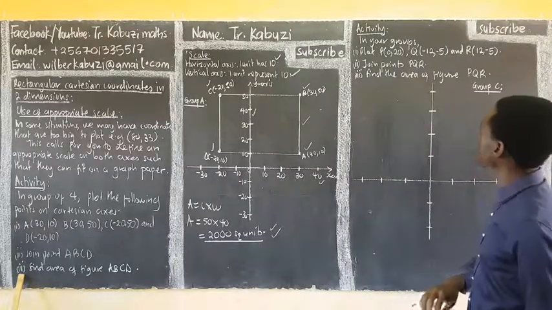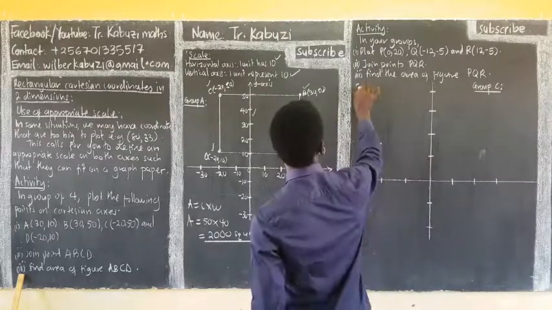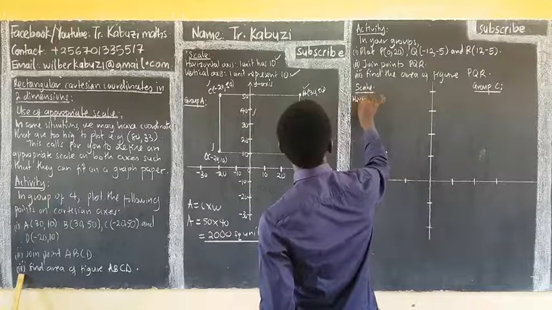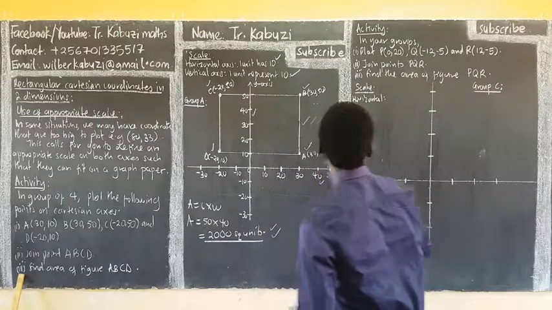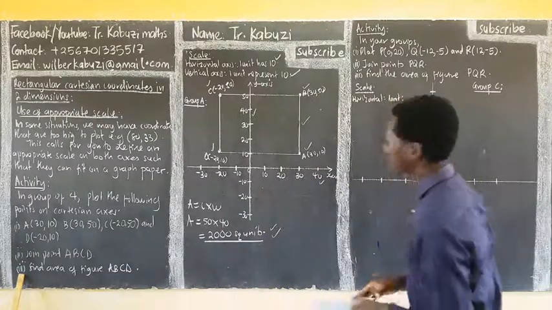Group C, for them they are saying the scale. They put here the scale, then they put horizontal. This is math. We can say 1 unit represents 4.